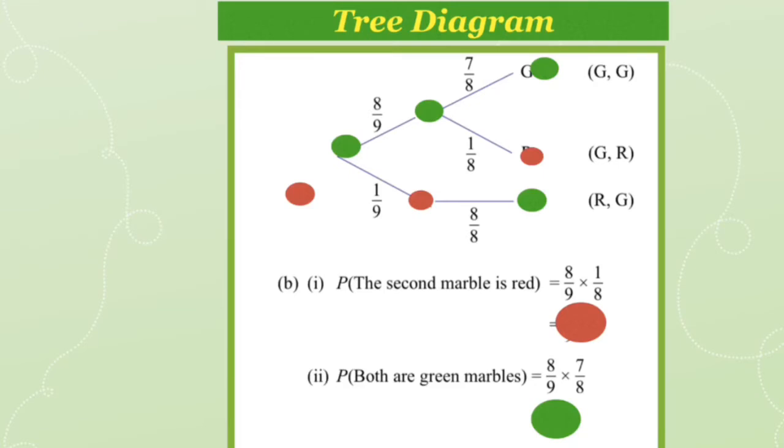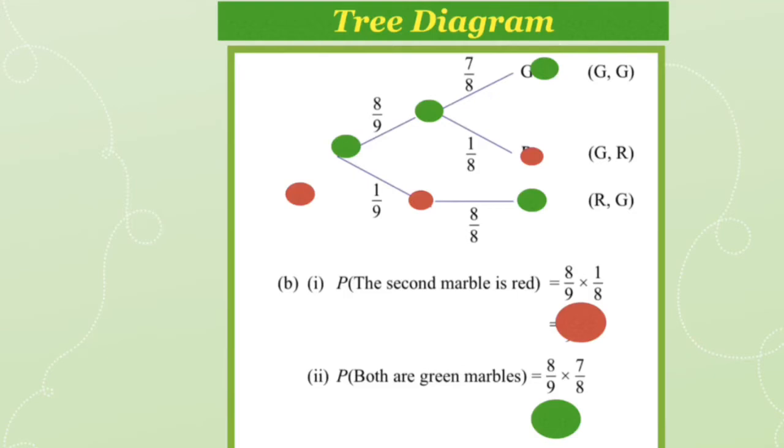So for the second time, the probability of getting green is 8 over 8 because all the 8 left are green and you don't have any more red. So the probability for red is 0. Then after you draw the tree diagram, you have to write down the possible outcomes.